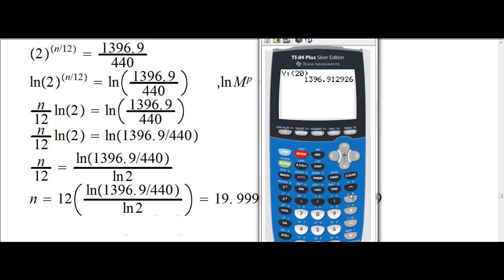Or you could go to your calculator and give it the values: ln of 1396.9 divided by 440, then further dividing it by ln of 2. And then we have the same answer, which is about 20.